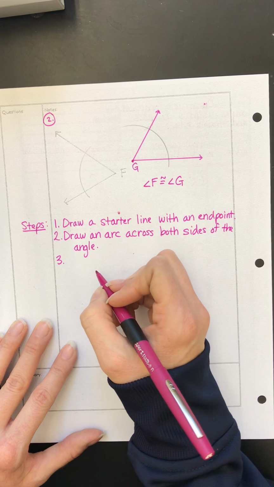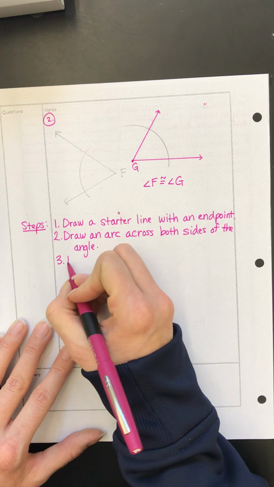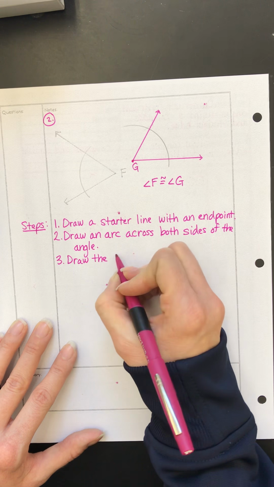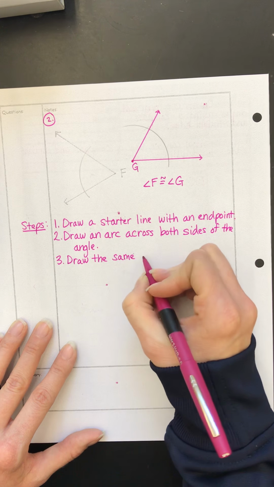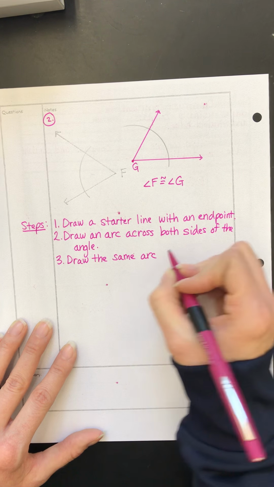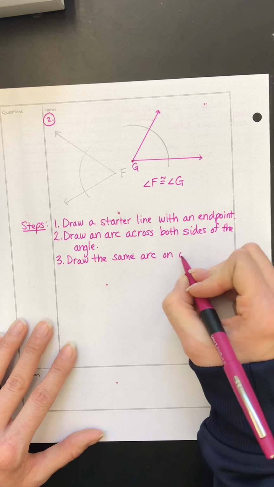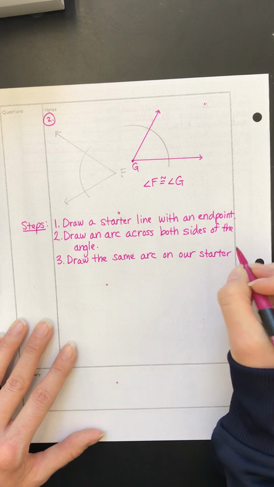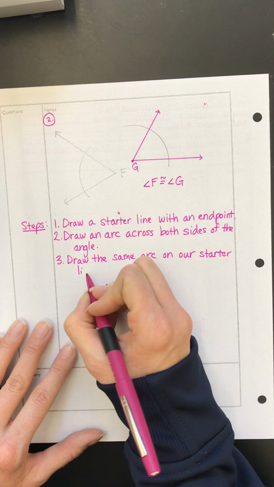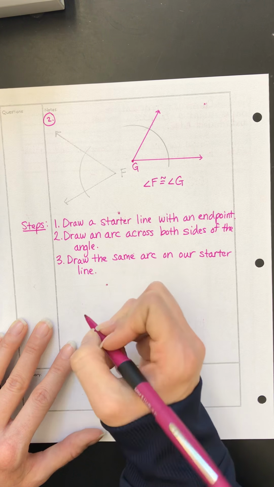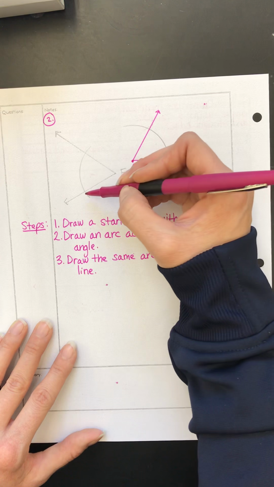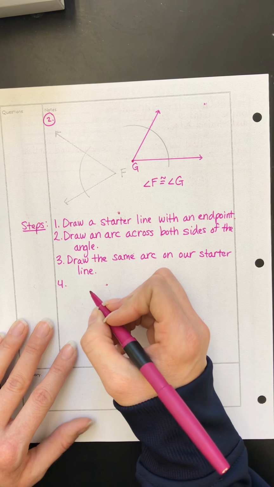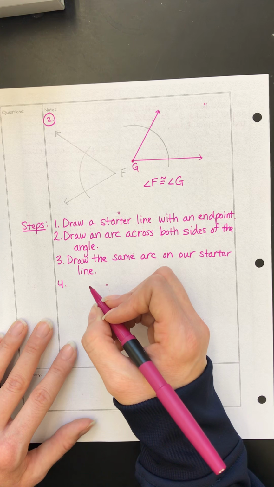Step 3, we are going to draw the same arc on our starter line. Then we're going to go back and measure the arc where it crosses both sides of the angle.